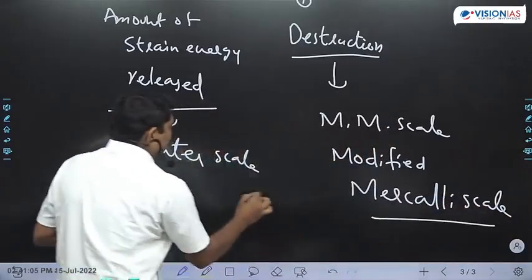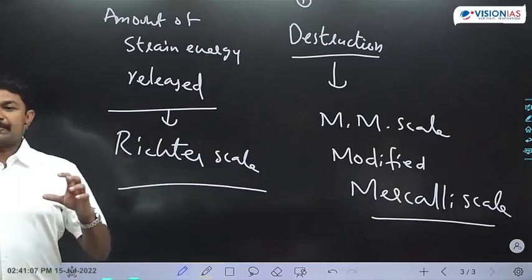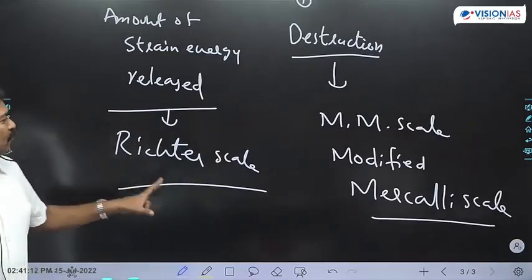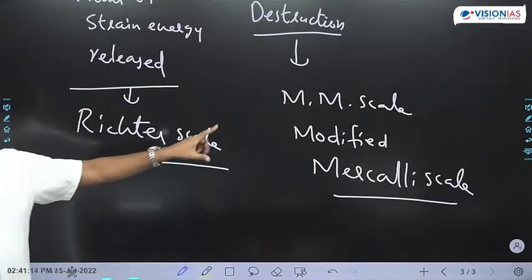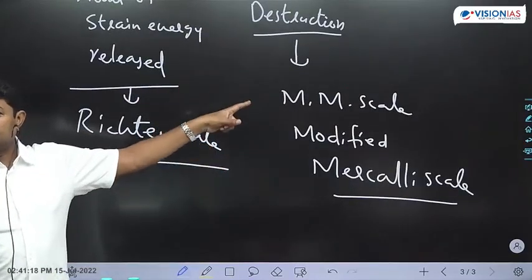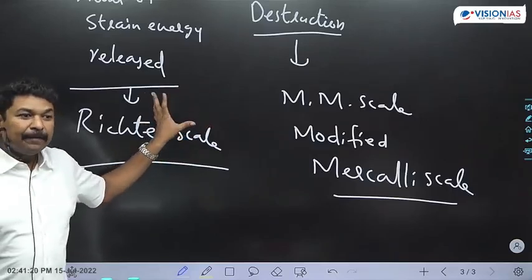These are two very important scales. When it comes to earthquakes, you will come across two important scales: one is the Richter scale and one is the Mercalli scale. The Mercalli scale measures the intensity. The Richter scale measures the magnitude.